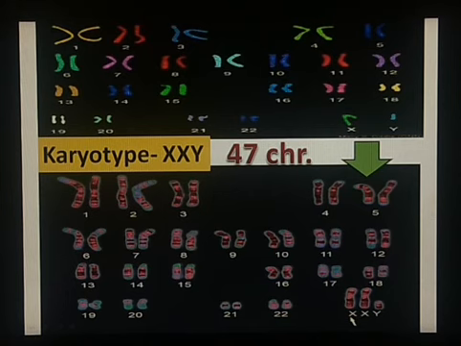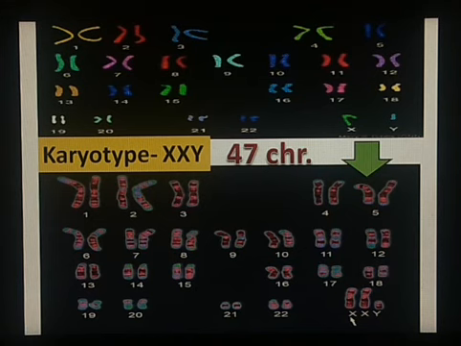As in normal males, they have one X chromosome and one Y chromosome. But the individual or males having Klinefelter's syndrome will have one extra X chromosome along with the XY chromosome. And it happens because of, again, non-disjunction during the meiotic division.